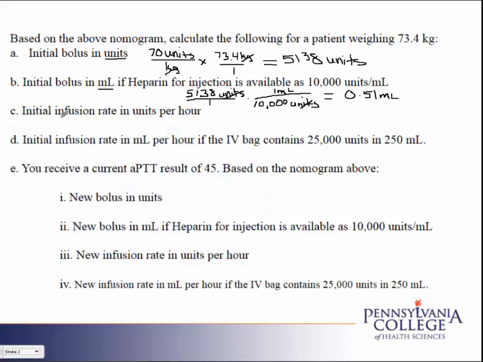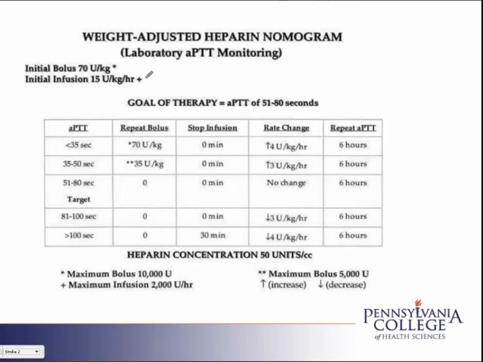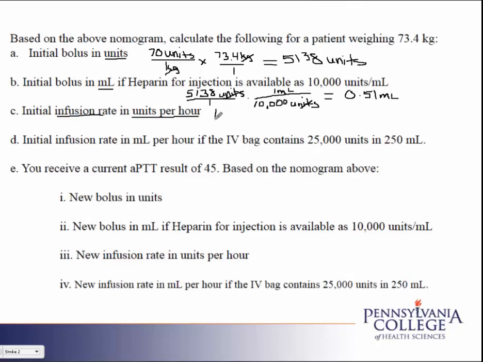Part C asks me about the initial infusion, and I'm to find a label of units per hour. I return to the protocol. The initial infusion is to be 15 units per kilogram per hour. That's going to be my starting piece of information. So I start with 15 units per kilogram per hour.